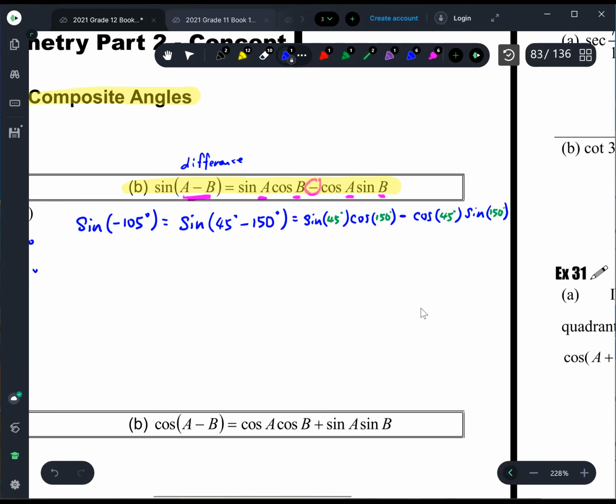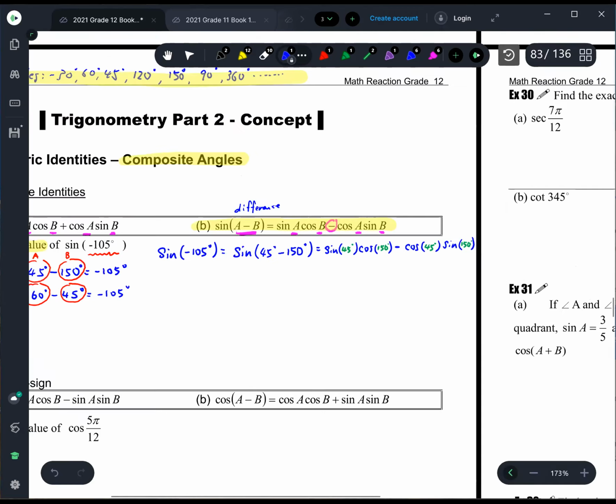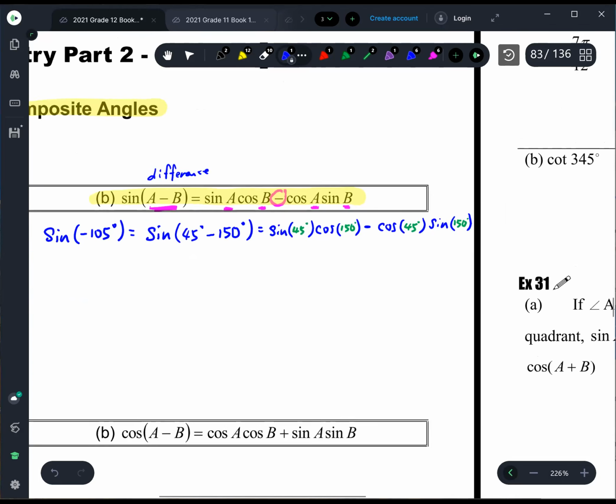Okay, Eric and Jocelyn, any question up to here? Jocelyn? Philip? Shouldn't it be cosine negative 150? Because your B is, yeah, 150.